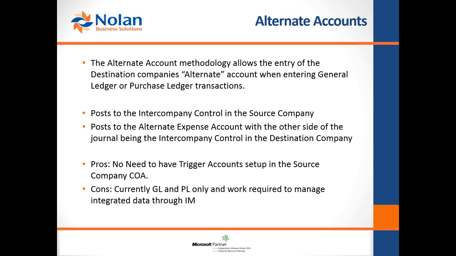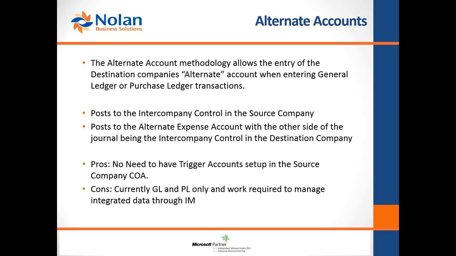The pros, obviously, we don't need to set up extra accounts inside our source company. All you need to do is set up your separate intercompany control accounts with each of your destination companies. The cons is that it currently works just in the general ledger and the purchase ledger. And if you're integrating these journals in, there's a little bit of work required to integrate them through Integration Manager.